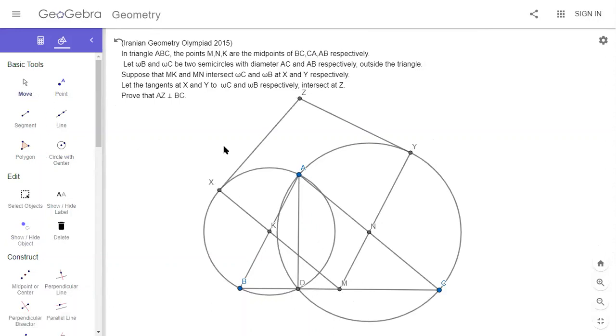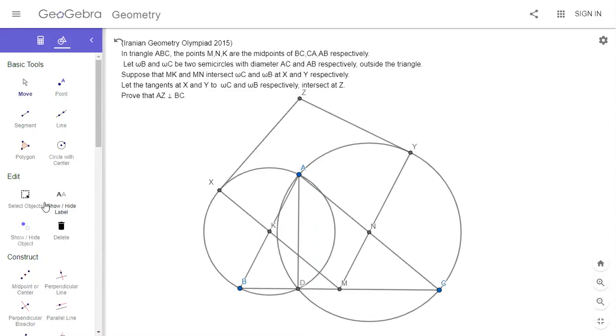And is that trivial? Because, let's see, XK is half of AB and KM is half of AC. So XM is equal to MY, and I think it's trivial.